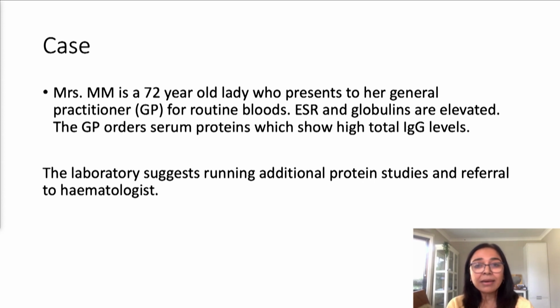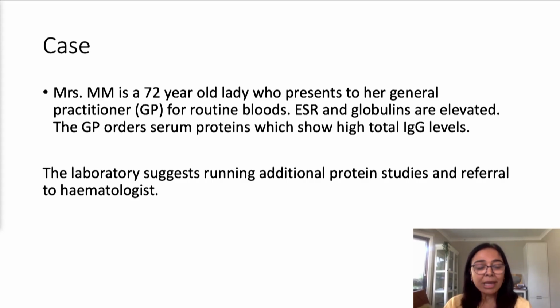So in her case, she ends up having an elevated or high total IgG level. And when the laboratory put out the result for that, they suggested running additional protein studies. So there's a whole range of different protein studies that we can do, starting from a simple liver function test to quite complicated tests, which I will walk you through. And they also suggest referral to a hematologist.